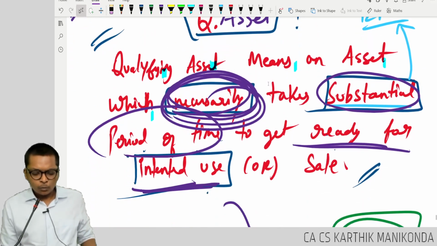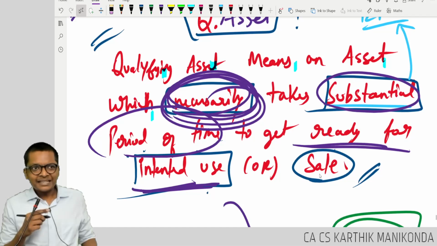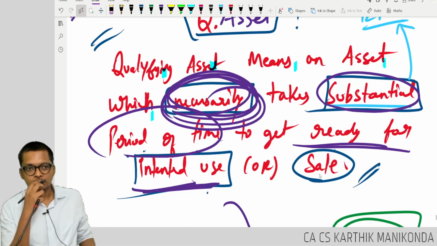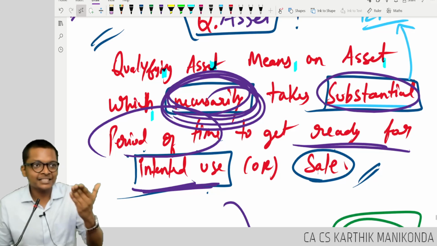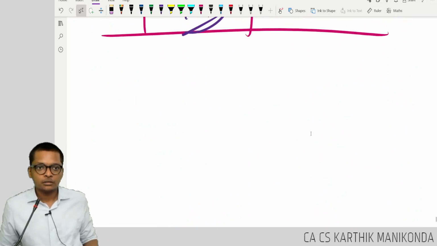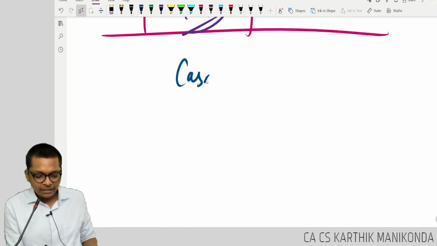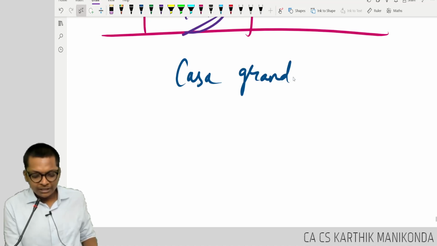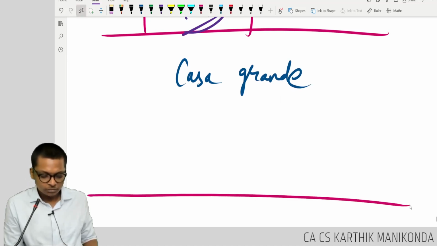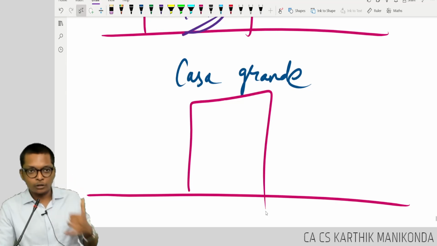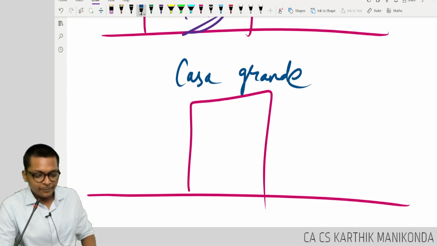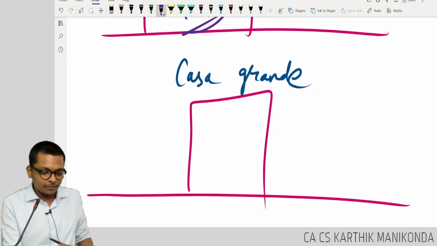Now next, what do you mean by sale? I am creating an asset for selling. Selvakumar built this house to sell it. Is he a construction company? Take Casa Grande, for example. What is Casa Grande famous for? Construction of houses is one thing. Second is calling also. I get a lot of spam calls: do you want this, do you want that? But somehow I manage.